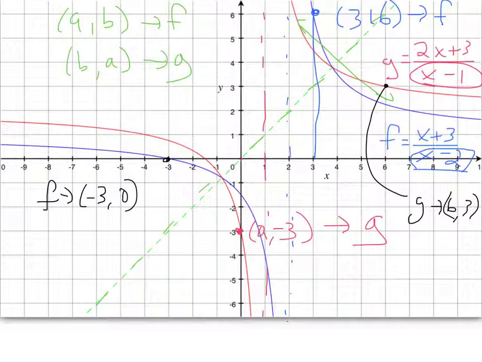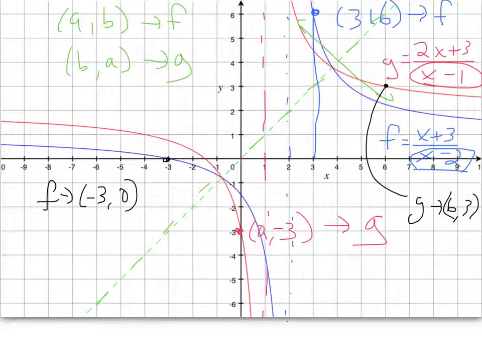So when we say verify numerically, we get this table of x values, this table of y values, and if by switching from f to g, all of our x's become y's in our table and all of our y's become x's in our table, we'll get an inverse function.